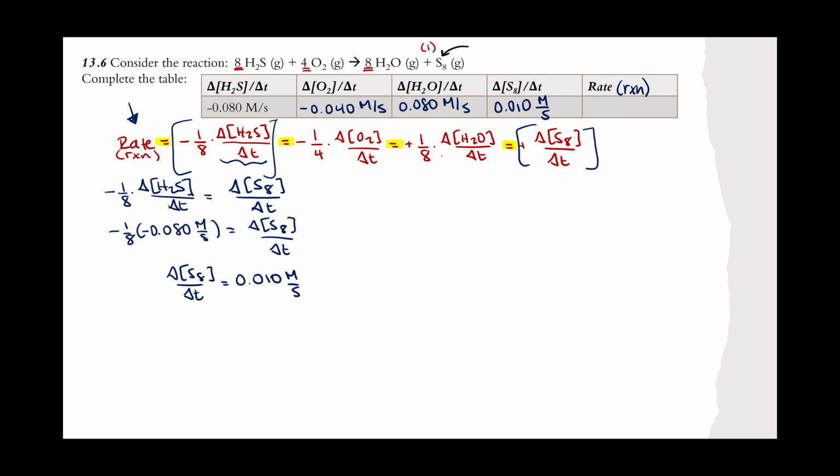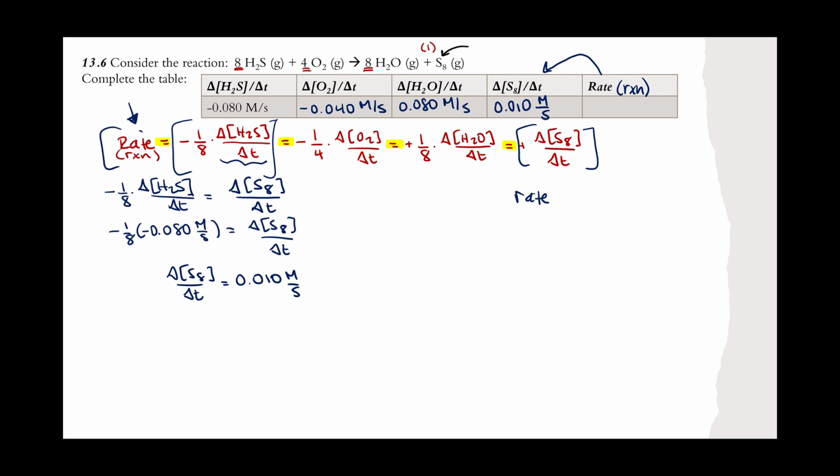However, I would have to do a little bit of math, and if I'm doing this on a quiz or exam and I want to get it done, the fastest way is just by looking for whichever one has a coefficient of 1. That octasulfur has a coefficient of 1, so I know my rate is going to be the same as the rate of that product. So my rate is going to be the same thing.